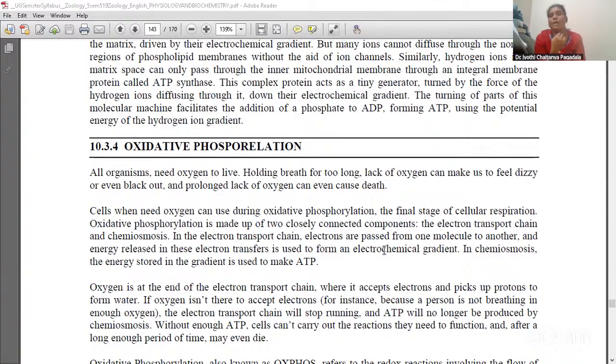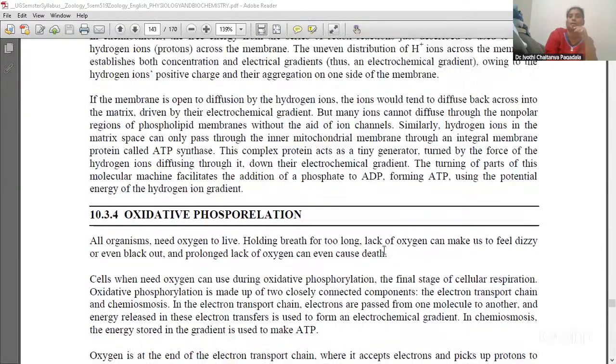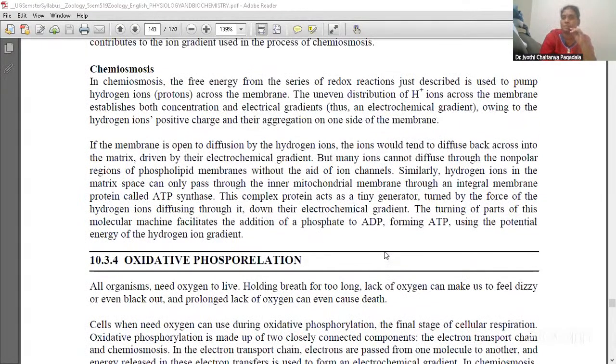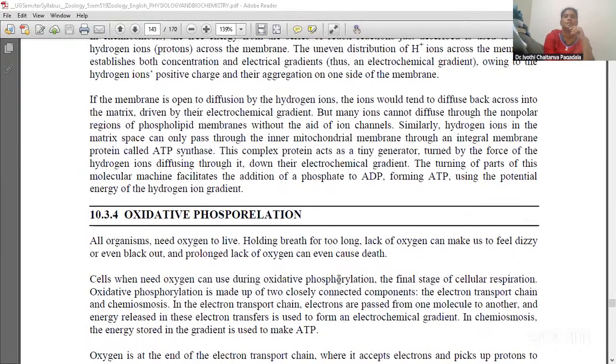Holding breath for a longer time is very hard for living organisms, and lack of oxygen makes them feel dizzy. If you prolong holding back inhalation, death may be caused. So every living organism definitely requires oxygen for its life.